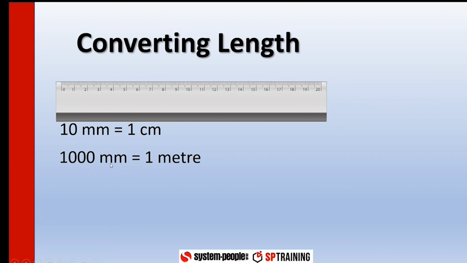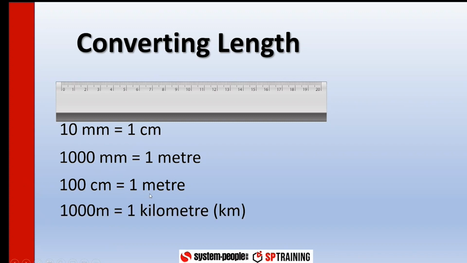So you've got 1,000 millimeters in 1 meter, and then 100 centimeters is the same as 1 meter, and 1,000 meters in 1 kilometer. So that's the basic conversions: 10 millimeters to 1 centimeter, 1,000 millimeters to 1 meter, 100 centimeters in a meter, and 1,000 meters in 1 kilometer.